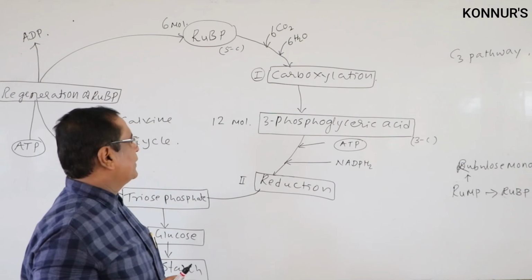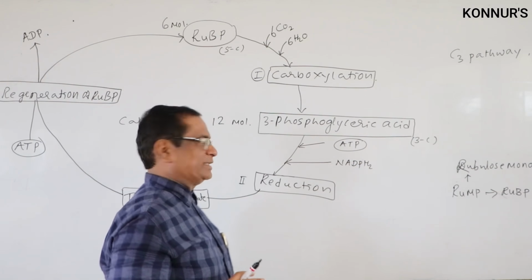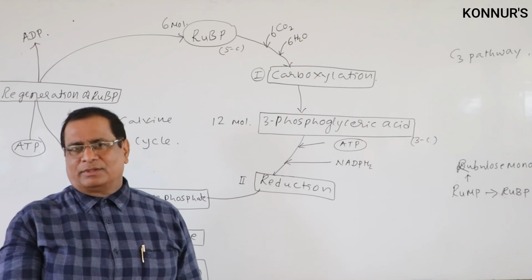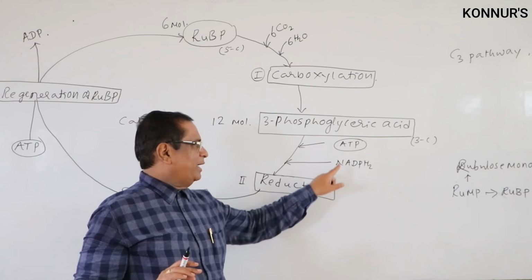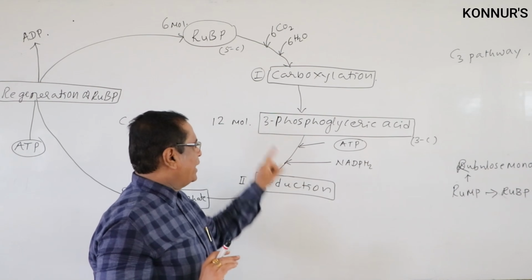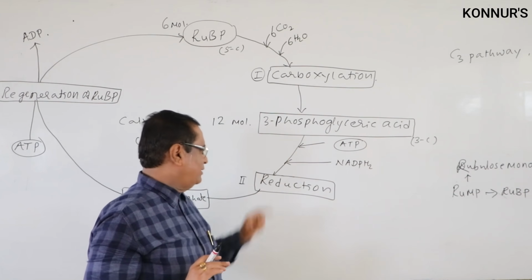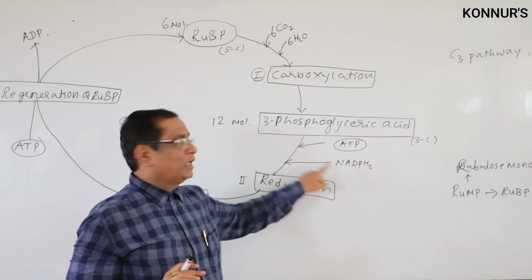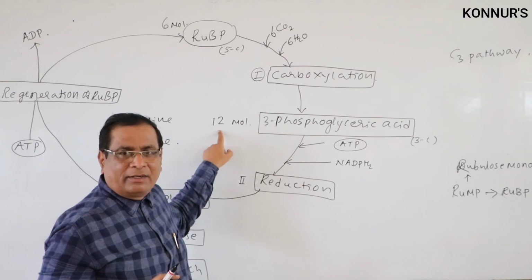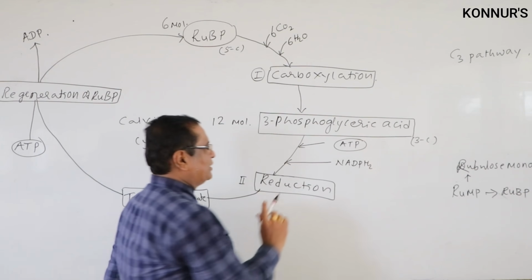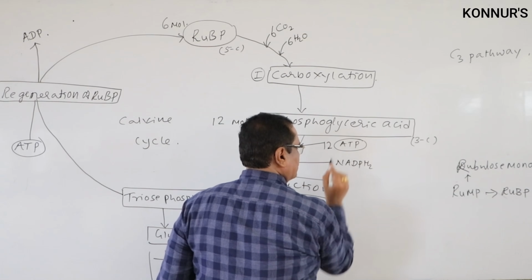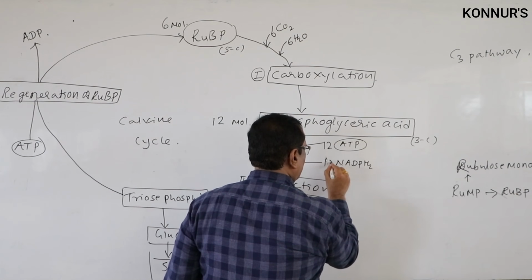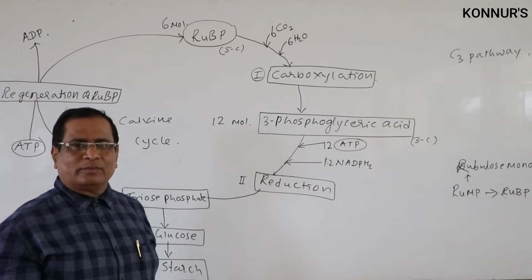These 3-phosphoglyceric acid molecules, totally 12, get reduced in the presence of ATP and NADPH2. To reduce one 3-phosphoglyceric acid, we need 1 ATP and 1 NADPH2. But how many of them are there? 12 molecules. So we need 12 molecules of ATP and 12 molecules of NADPH2.